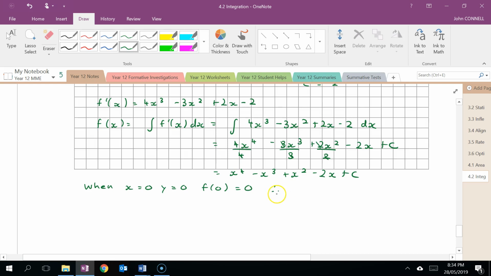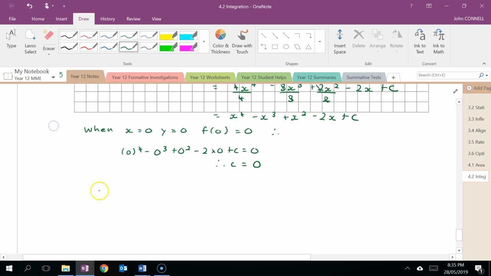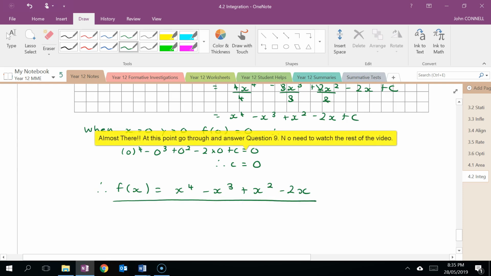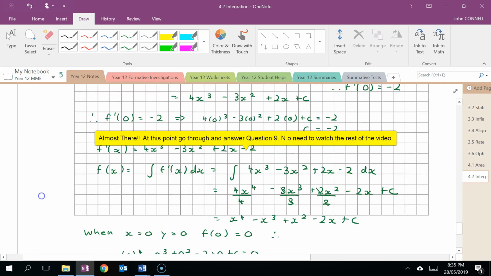Therefore 0 to the 4, take 0 to the 3, plus 0 to the 2, take 2 times 0, plus c must equal 0, so c equals 0. And then finally, to finish off, we can conclude that f of x is equal to x to the 4, take x to the 3, plus x to the 2, take 2x, and c was 0, so we don't need to include it. And that's our final question.